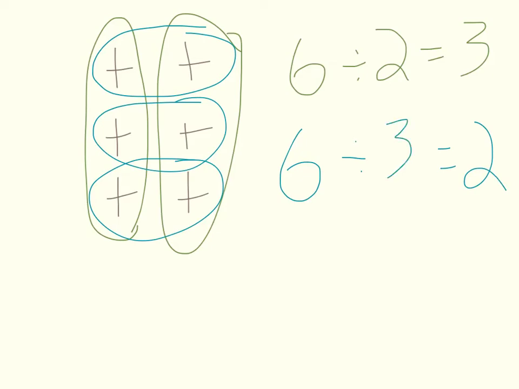Now let's move on to doing it with negatives, and it might help us make some sense of it. Now let's say I had negative 6. So I have 6 negative signs, right? Still the same idea as before, just instead of being positive, now they're negative. But let's say I wanted to divide them up into 2 piles. 1 pile, 2 piles. I have now divided them up into 2 piles.